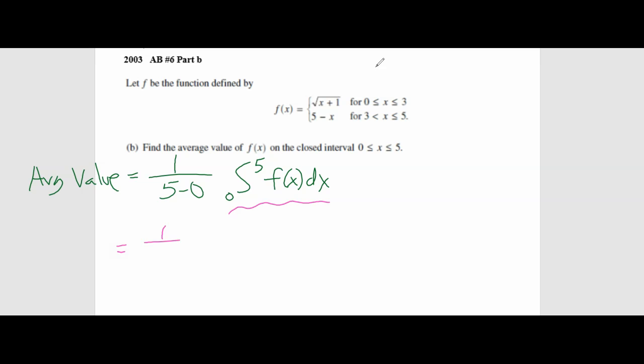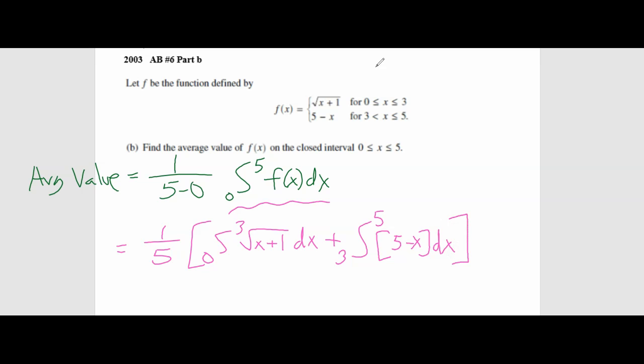So this becomes 1 over 5 times the integral from 0 to 3 of the square root of x plus 1 dx, plus, and again we're just using properties of integrals here, the integral from 3 to 5 of the function 5 minus x dx, close bracket. So this would be the integral that we have to evaluate.